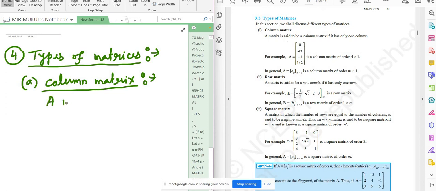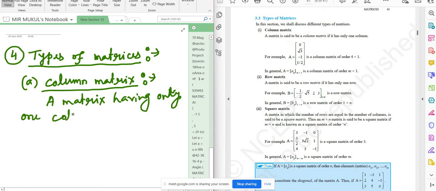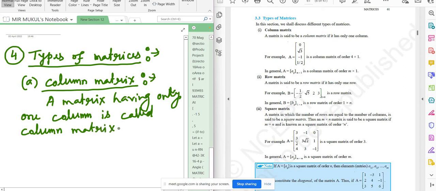A matrix having only one column is called a column matrix.